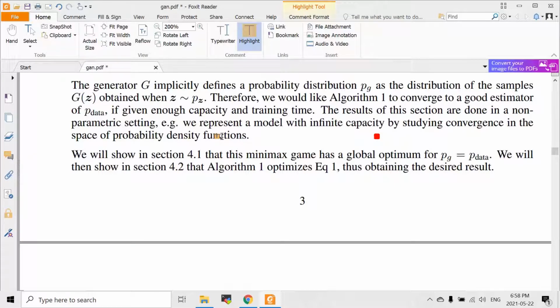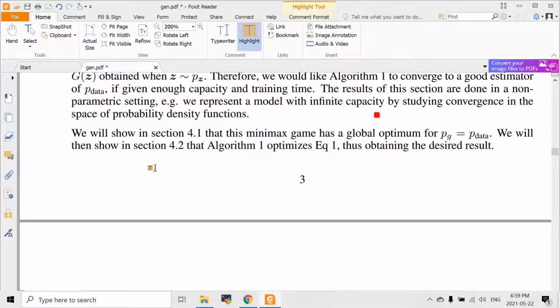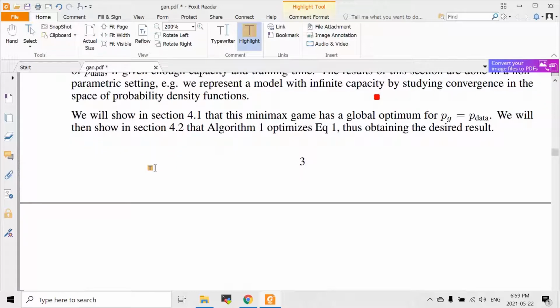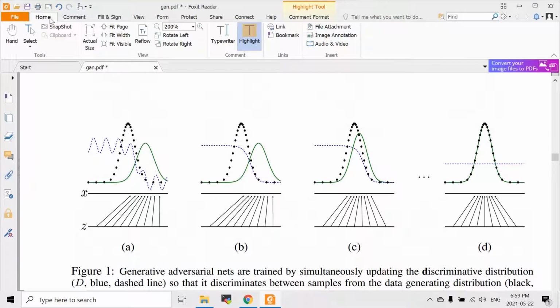Therefore, we would like algorithm 1 to converge to a good estimator of P data, given enough capacity and training time. The results of this section are done in a non-parametric setting. We represent a model with infinite capacity by studying convergence. This is not that important, so we will discuss this now.